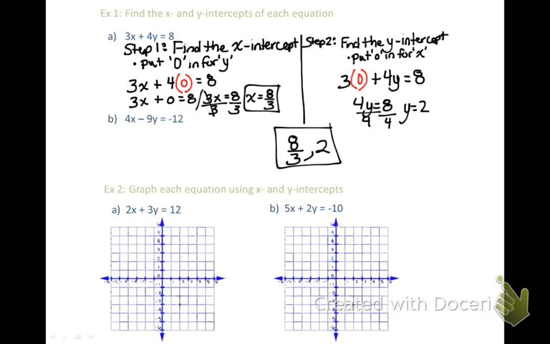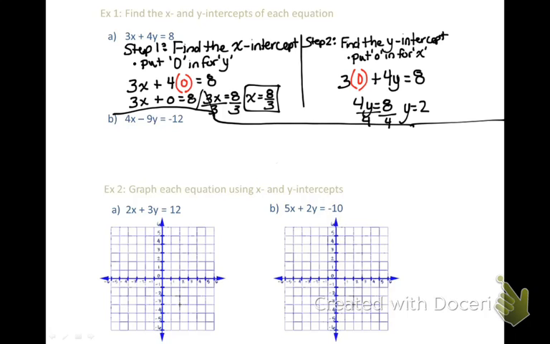Now, example 2. Oh, no, I have B. Sorry, did not see that. Okay, step 1. So I'm going to do 4x minus 9 times 0 equals negative 12. 4x equals negative 12.